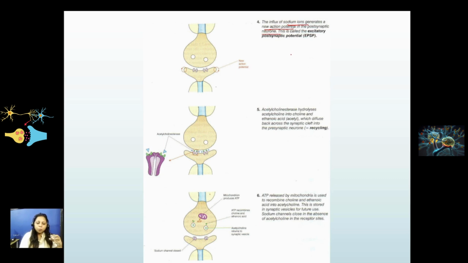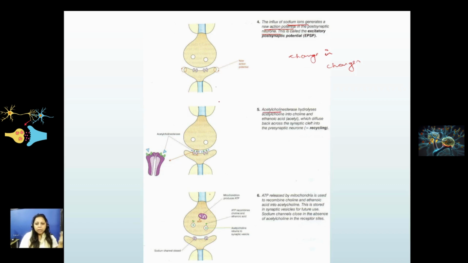So what is action potential? It is due to the change in the charges. For example, the sodium ions are moving in, so it means that there is a difference in charge. There is more positive charge now. So this is the action potential, and this is called the excitatory postsynaptic potential.